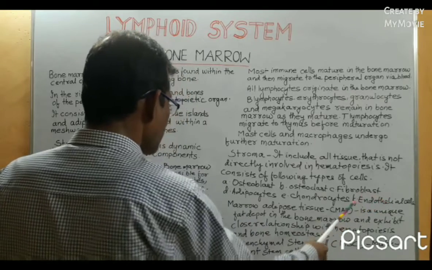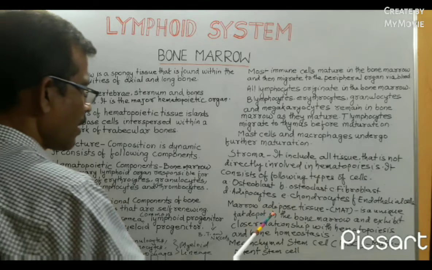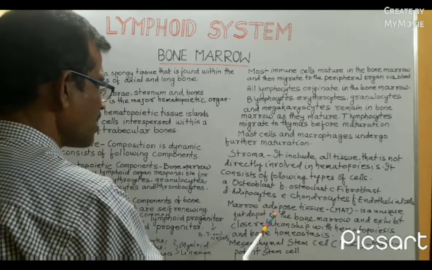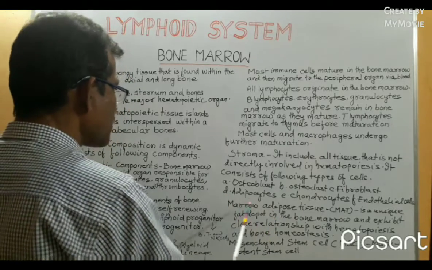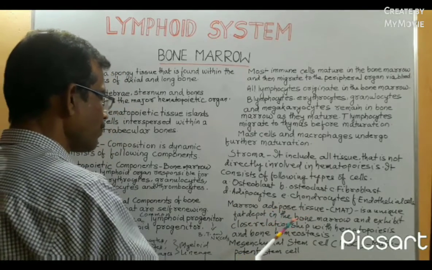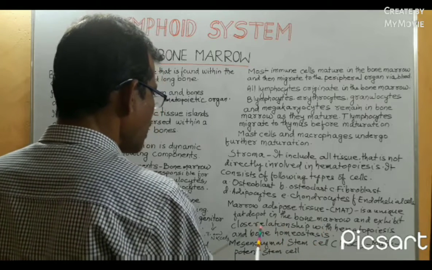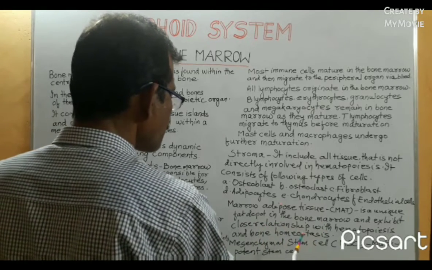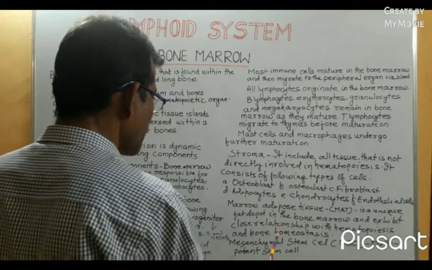Third component is marrow adipose tissue. Marrow adipose tissue is a unique fat depot in the bone marrow, and this adipose tissue exhibits close relationship with hematopoiesis and bone homeostasis. The bone marrow contains two types of stem cell.